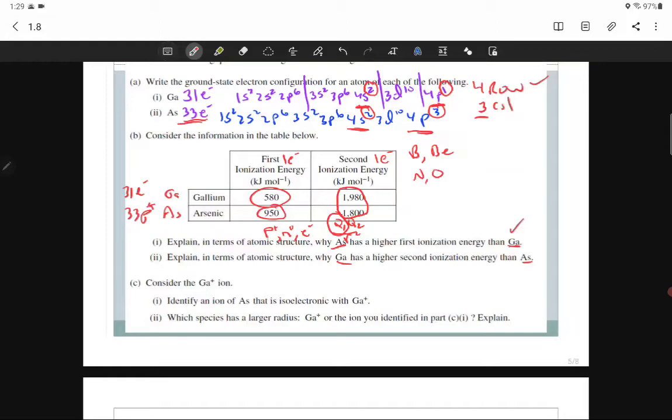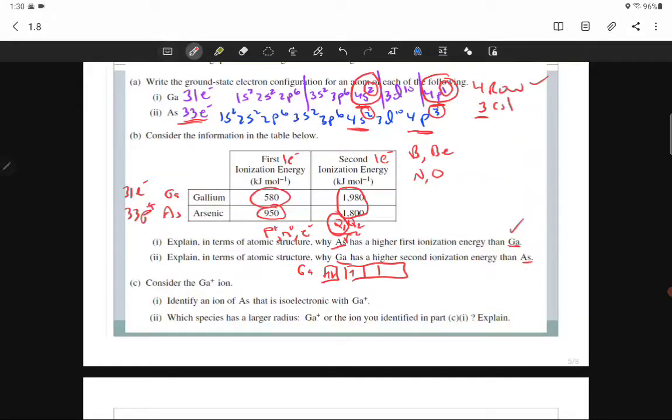And with gallium, I'm just going to go back to the electron configurations here, it ends in 4s2, 4p1. I'm going to write gallium's orbital diagram here, the ending, and it looks like that.